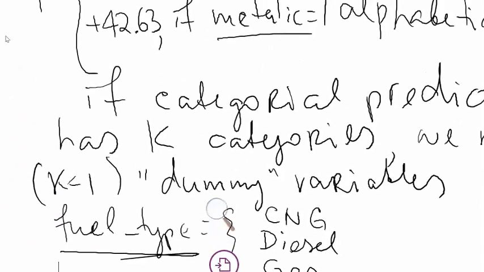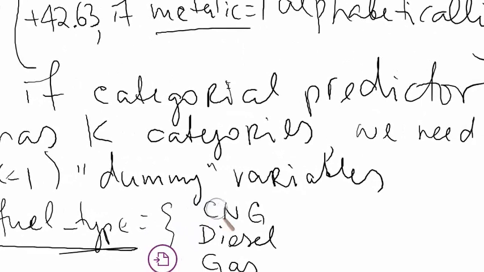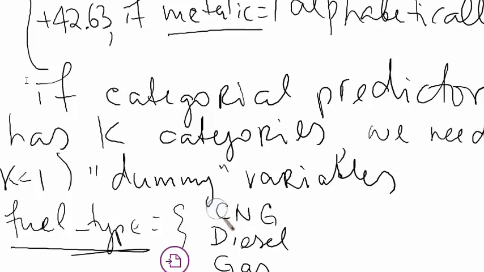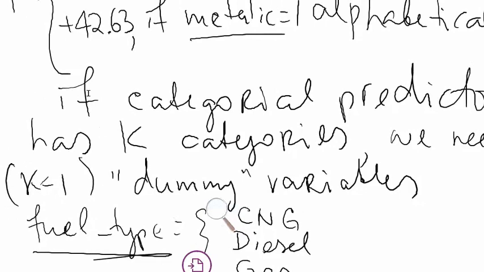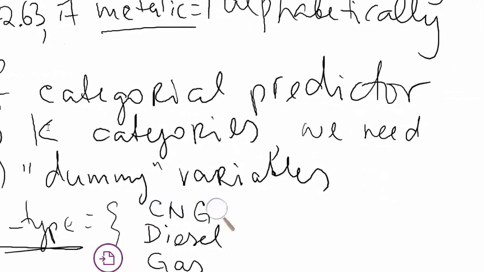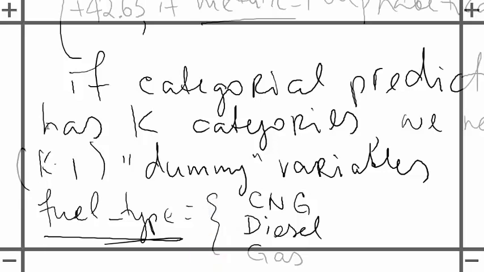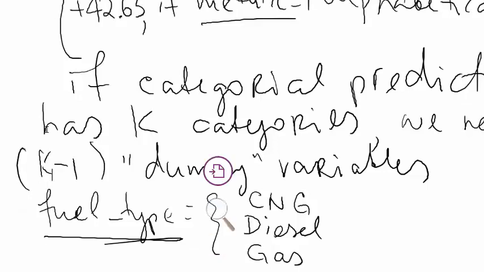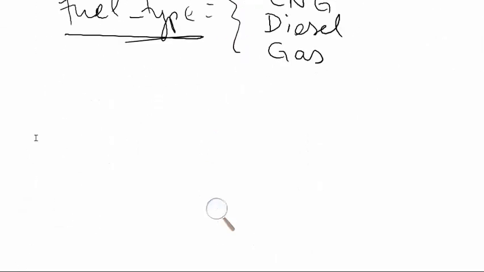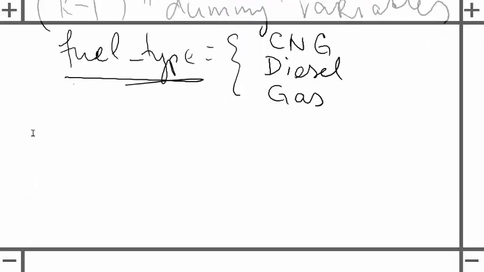Remember I told you that if you have a categorical predictor, in the previous class we discussed that, and it has k different levels, k categories, then you need k minus 1 dummy variables. And that's exactly what is happening right here, okay? So I have my original variable fuel type, 3 different levels. This one is the base level, or benchmark. We add 0 to the equation if the fuel type is CNG.